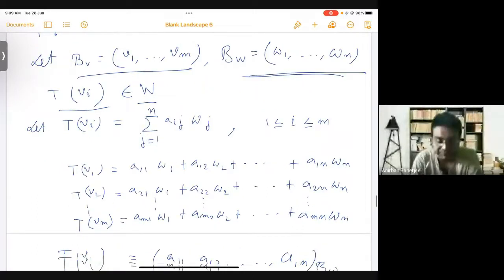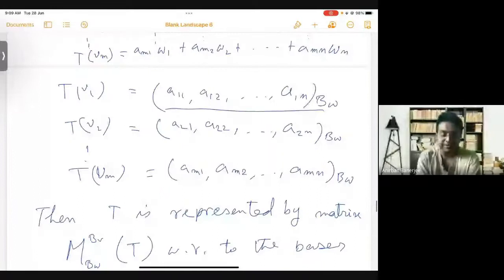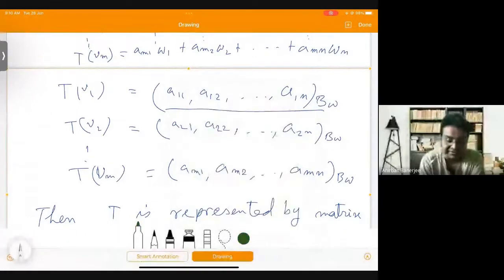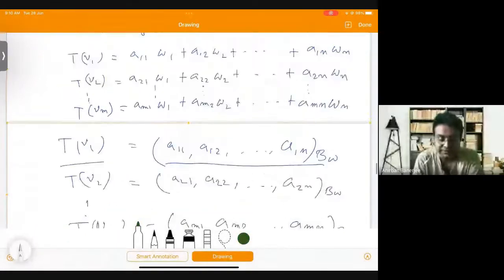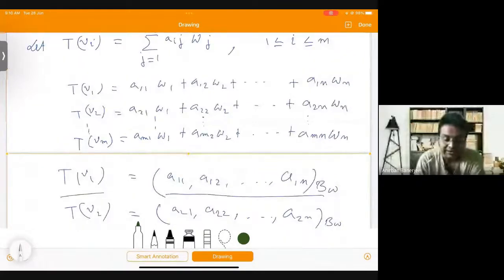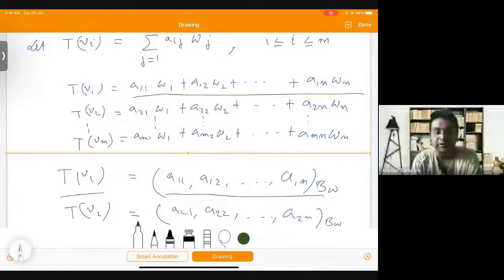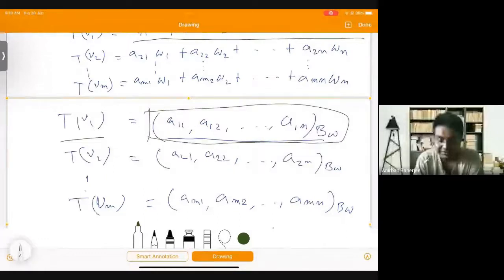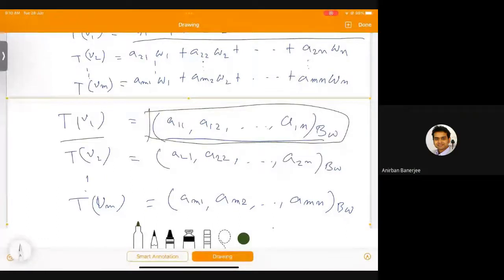From there, we get T(V1), the transformed vector, and we express this as a linear combination of W1, W2, up to Wm. These are the coordinates of that vector after the transformation.